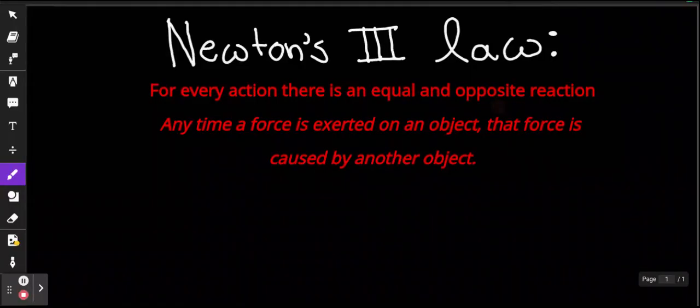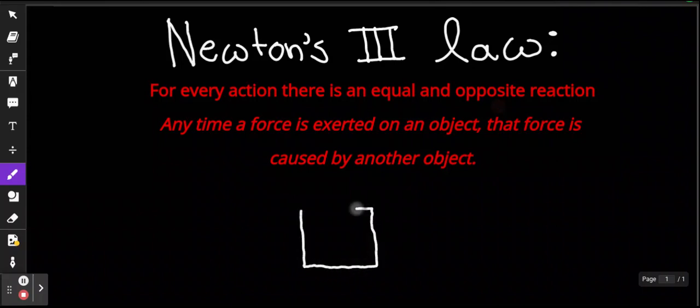Newton's third law states that for every action, there is an equal and opposite reaction. And also, any time a force is exerted on an object, that force is caused by another object. So you may be wondering what exactly an equal and opposite reaction is. So let's draw a quick diagram.